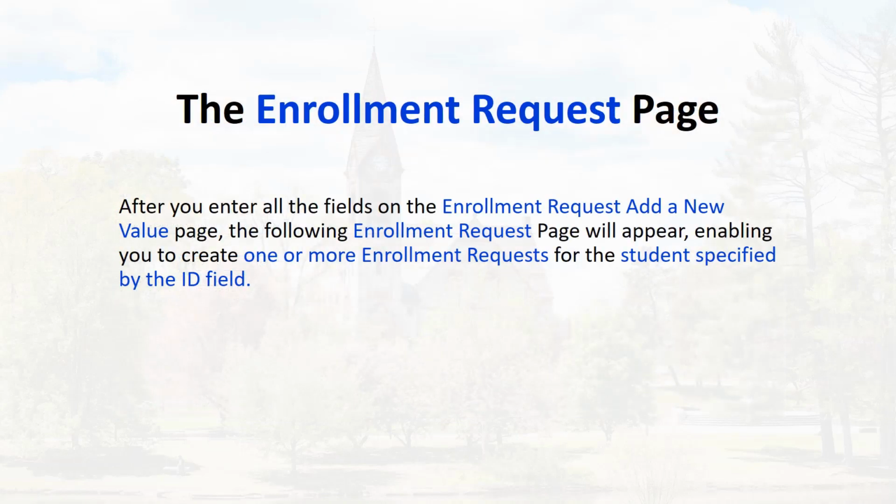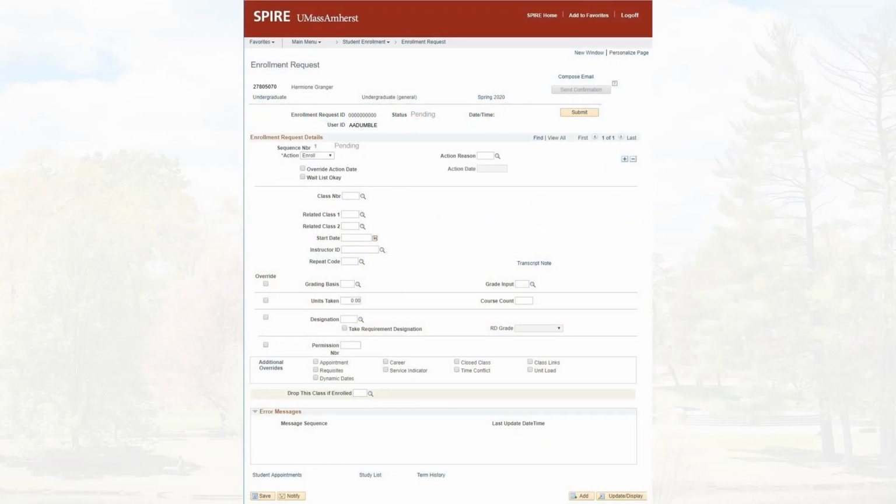The enrollment request page. After you enter all the fields on the enrollment request Add a New Value page, the following enrollment request page will appear, enabling you to create one or more enrollment requests for the student specified by the ID field. And there it is. Here is something you will probably never see in the wild, as it were.